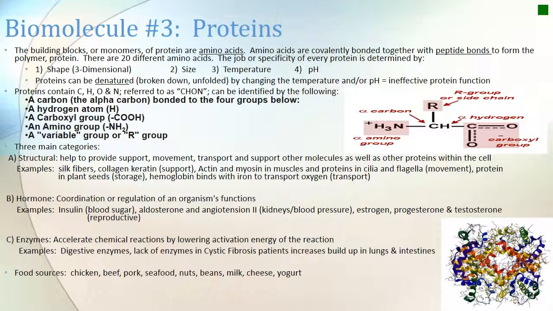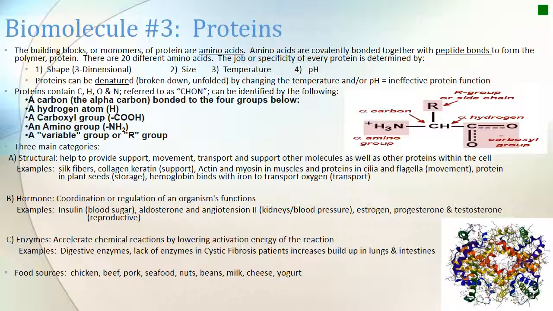You can recognize this alpha carbon connected to a hydrogen, as well as a carboxyl group, and the amino group, amino meaning it has nitrogen. And of course that variable group, R, or a side chain sometimes drawn, that makes each amino acid different. That side chain is what makes valine different from leucine and glutamine and glycine.